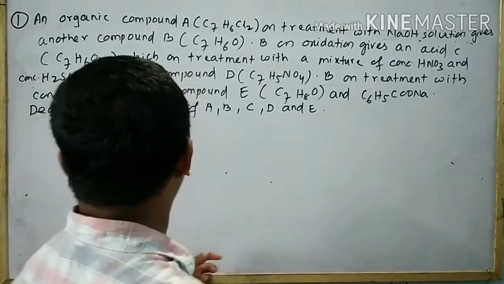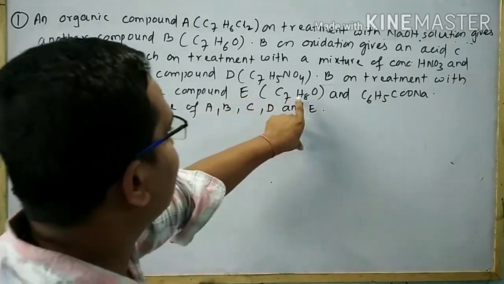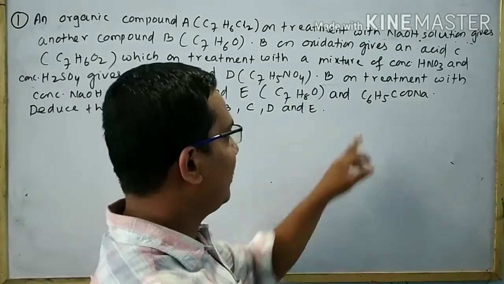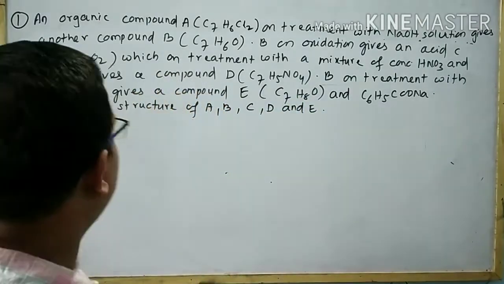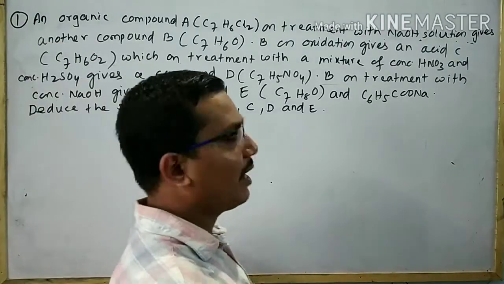B on treatment with the concentrated NaOH gives a compound E having formula C7H8O and C6H5COONa. Deduce the structure of A, B, C, D and E.